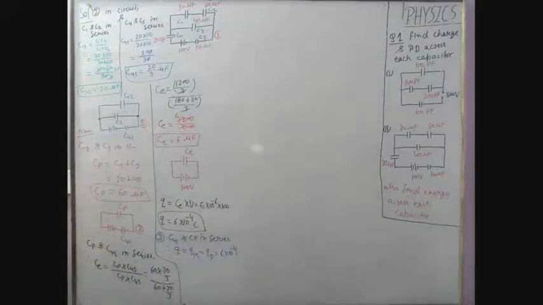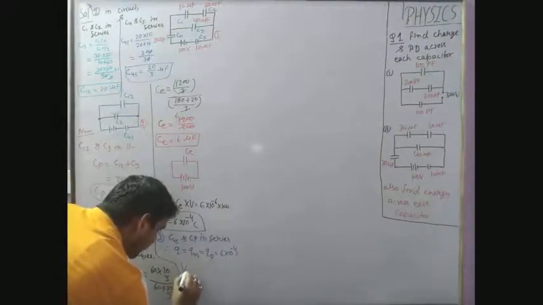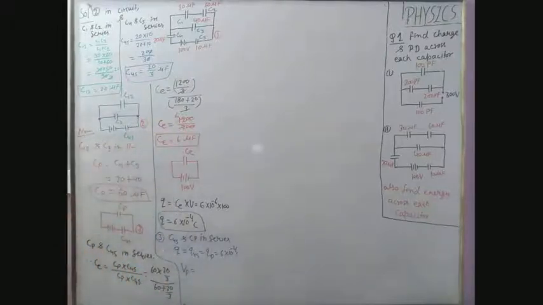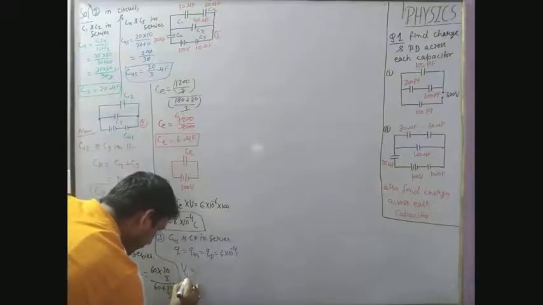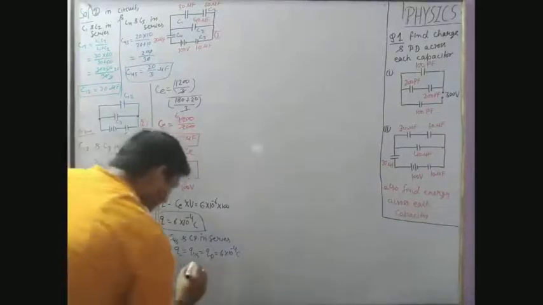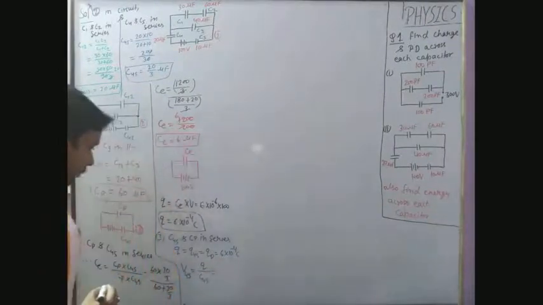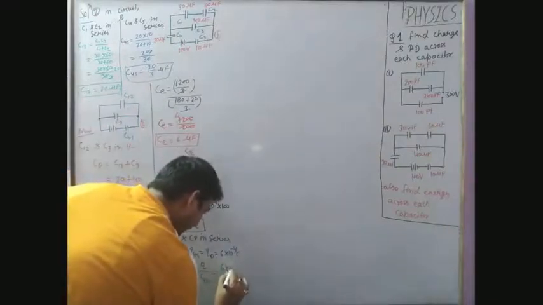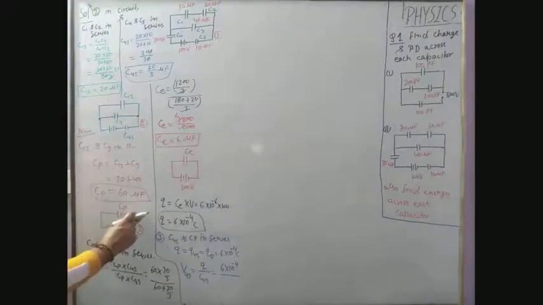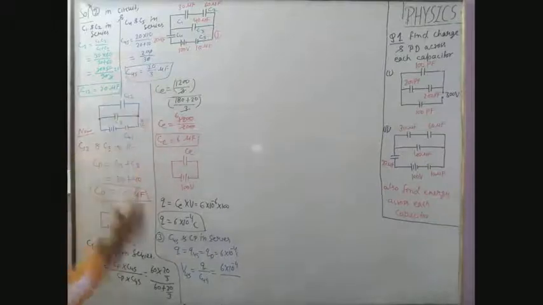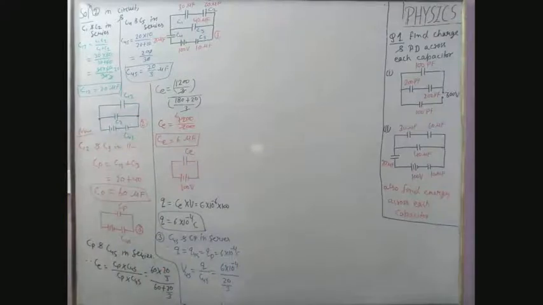Therefore we calculate from here that Vp, okay, Vp, wait, first we calculate V45. V45 is Q upon C45, which is equal to Q we have 6 into 10 to the power minus 4 upon C45 we have 20/3, okay.